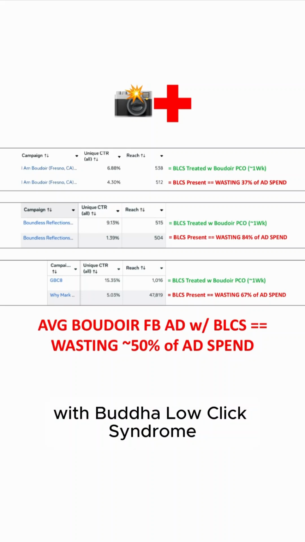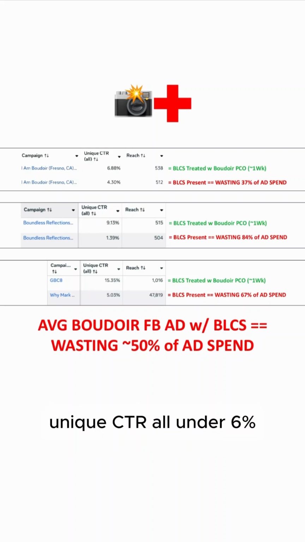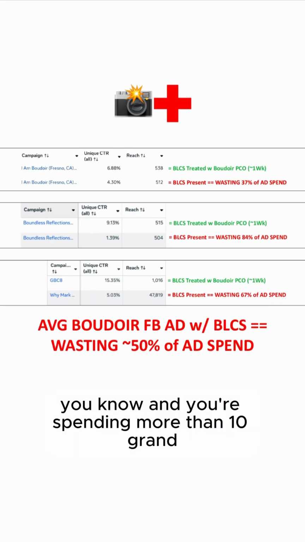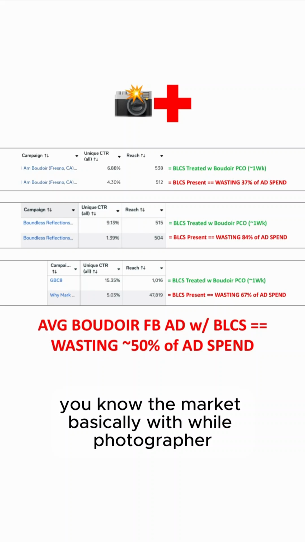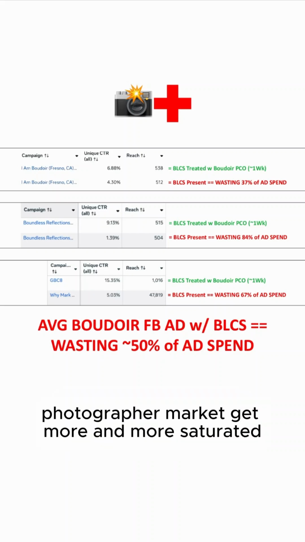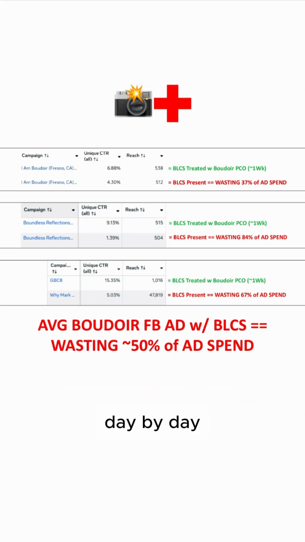and you're spending more than 10 grand a month on Boudoir Facebook ads, and you've seen that the Boudoir photographer market gets more and more saturated day by day.